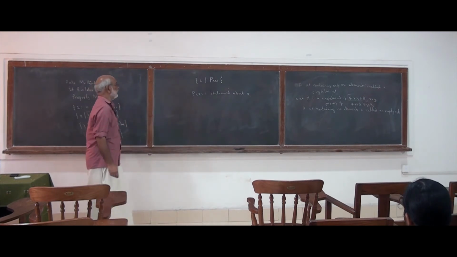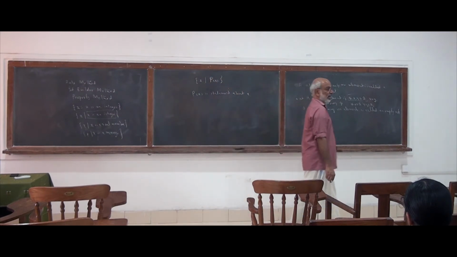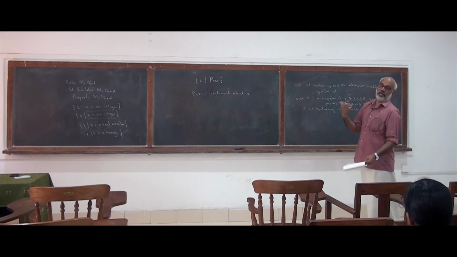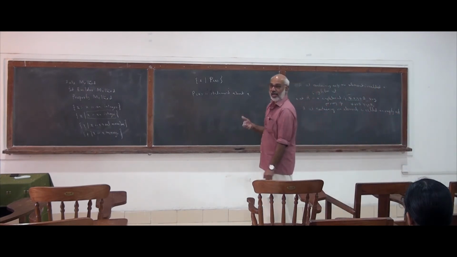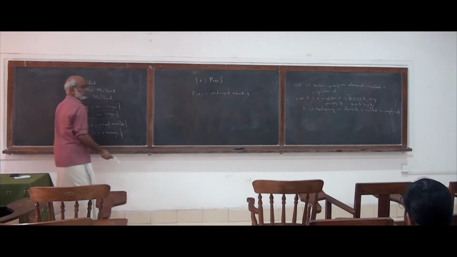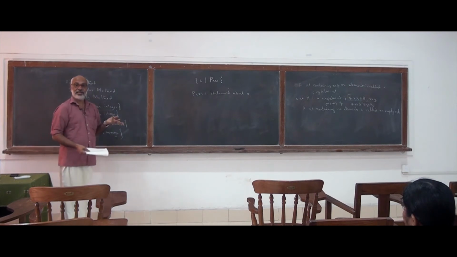So in this way you can specify sets, and in this way we can specify sets which are very large, and we can also specify infinite sets. For example, the set of all integers, the set of all real numbers, set of all rational numbers, etc. are all infinite sets.